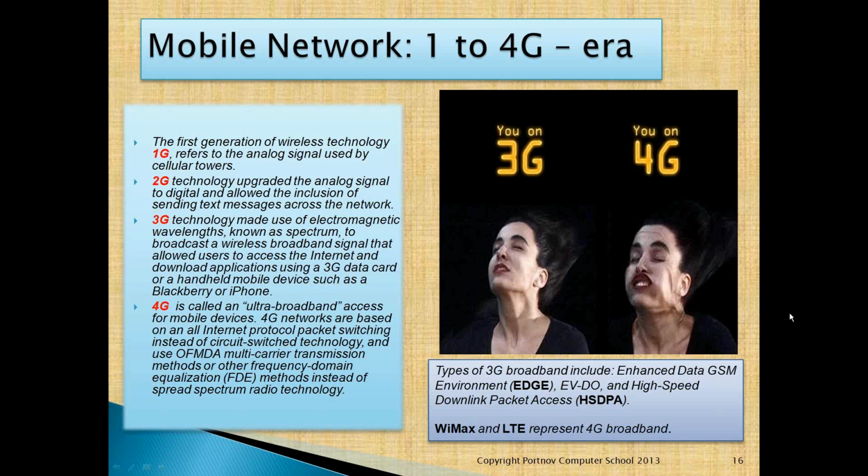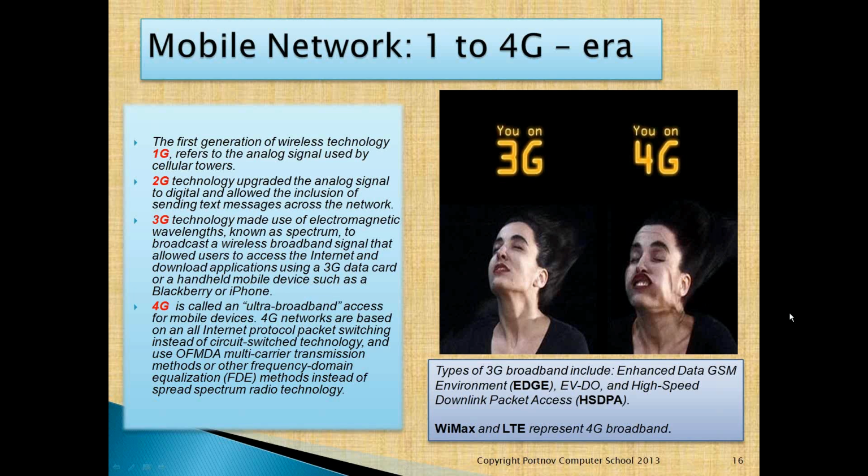4G is called ultra broadband, and it works based on all-IP packet switching instead of circuit switching technology. It's a multi-carrier transmission method, and we use frequency domain equalization instead of spread spectrum radio technology.